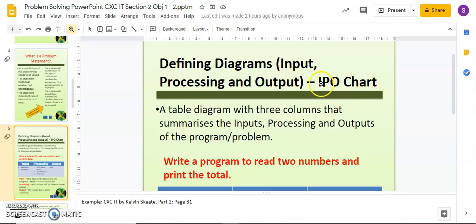The I means input, the P, processing, and the O, output. It is a table diagram with 3 columns that summarizes the inputs, processing, and outputs of the program or problem. That is what we call a defining diagram.